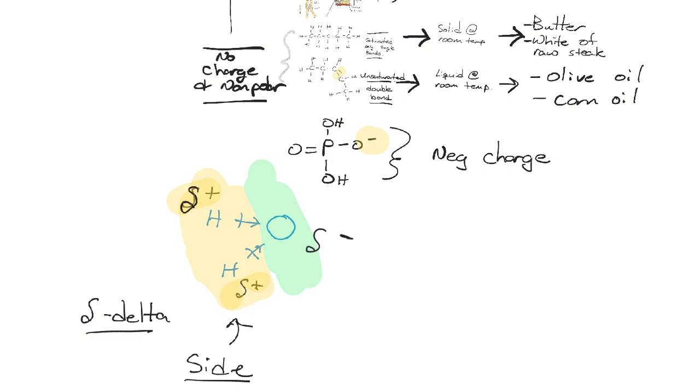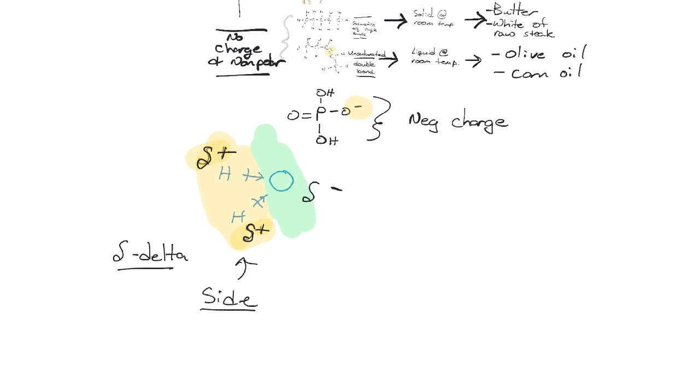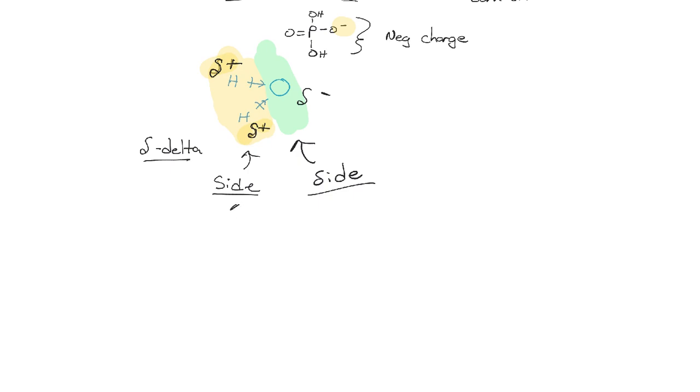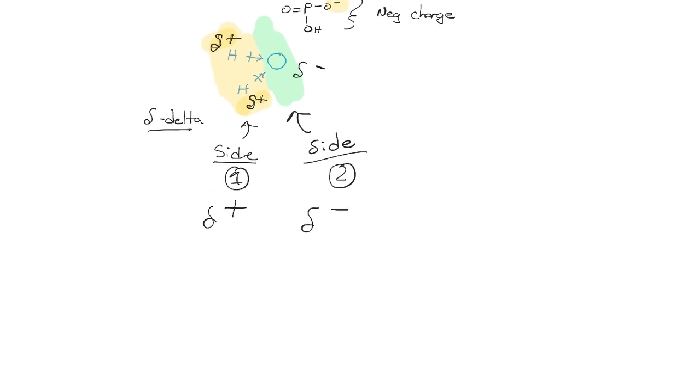So this was a delta with a positive. This is a delta with a positive. That's a delta with a negative. So because there's two sides now, just like the North Pole and the South Pole, side 1 and side 2, side positive and side negative, and it's a partial negative and a partial positive, right? So side 1 and side 2, we call these molecules that do this polar.